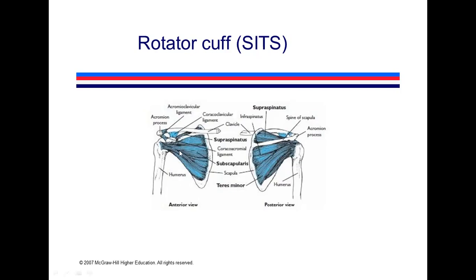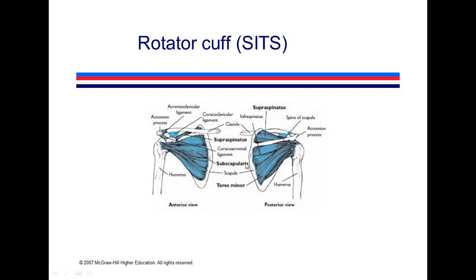You must know the orientation of these muscles, where they lie. This is the posterior view of scapula. This is the spine of scapula. Above the spine of scapula is the supraspinatus muscle. Below the spine of scapula is infraspinatus muscle. And the lateral border of scapula comprises of teres minor, right? And the subscapularis muscle is actually on the anterior side of scapula.